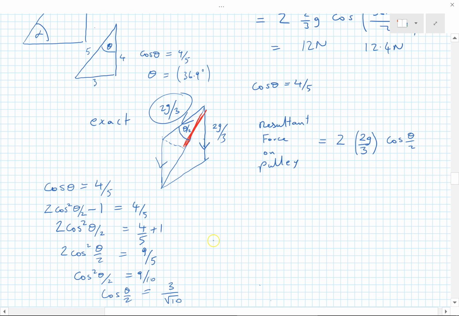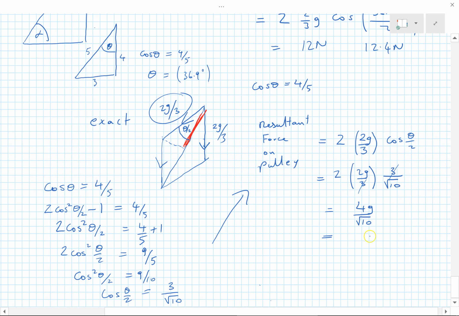So going back to here, that gives me the resultant force on the pulley is 2 times 2g over 3 times cos theta over 2, which is 3 over the square root of 10. Cancel out the 3. So that gives me 4g over the square root of 10, which you'll see is a more exact answer.